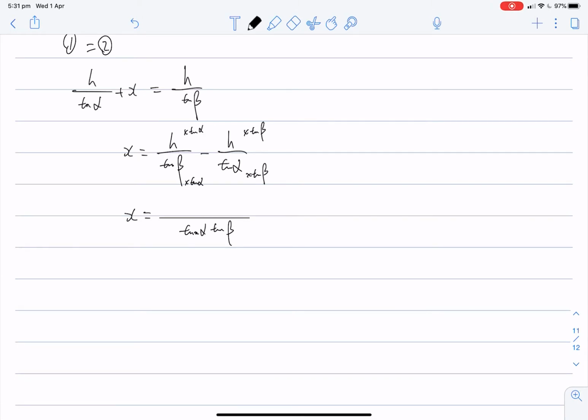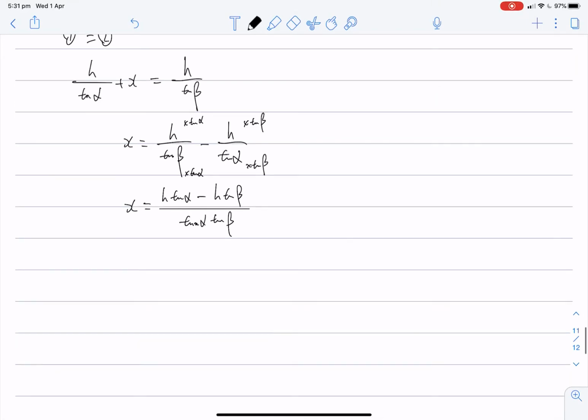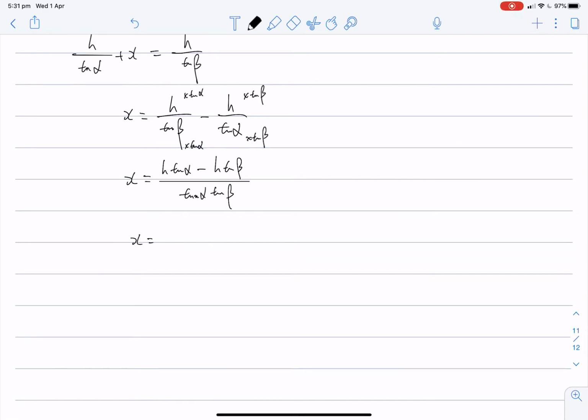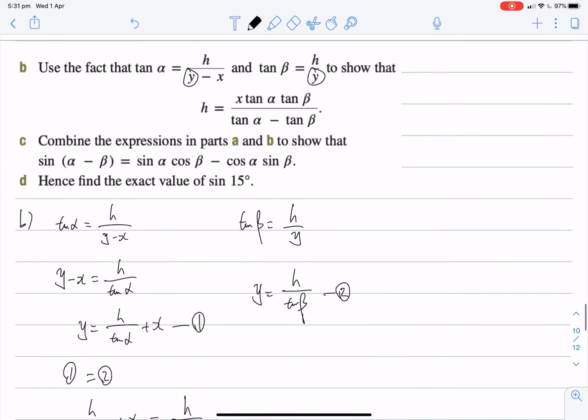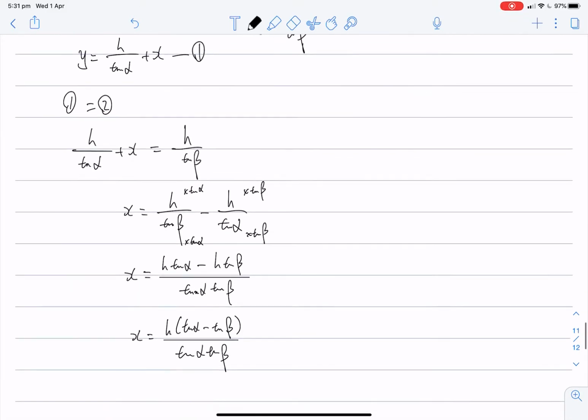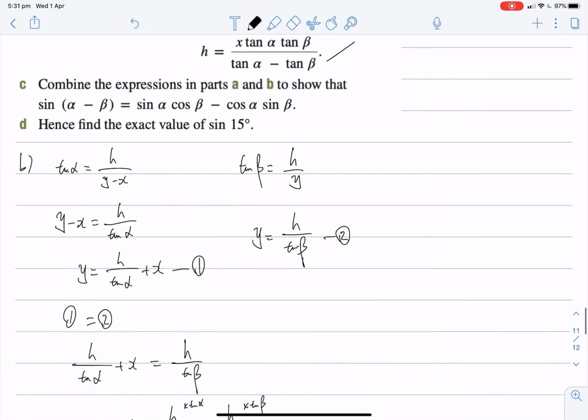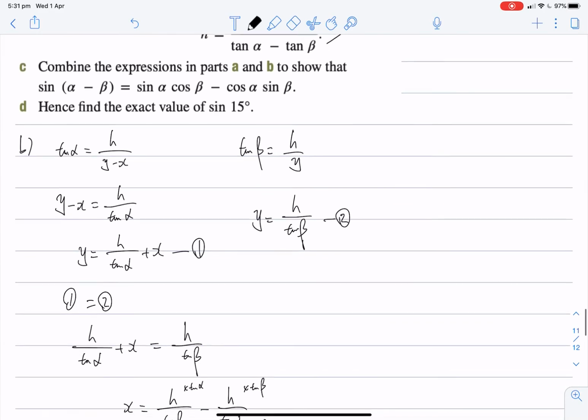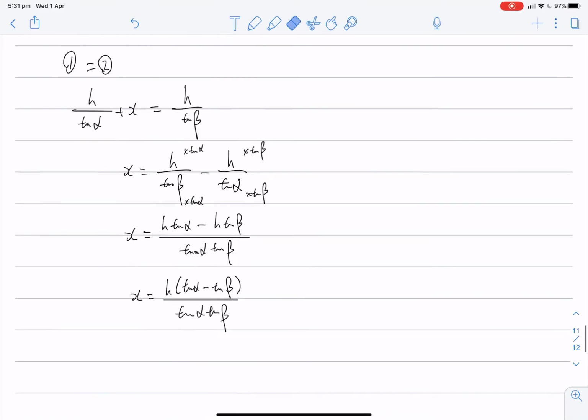So you've got h tan alpha minus h tan beta, which, if you factorize it, is h times tan alpha minus tan beta, with tan alpha tan beta on the bottom, which is the one we need. Oh, actually not. Well, close enough. We know how to rearrange it. So we basically need to rearrange it.